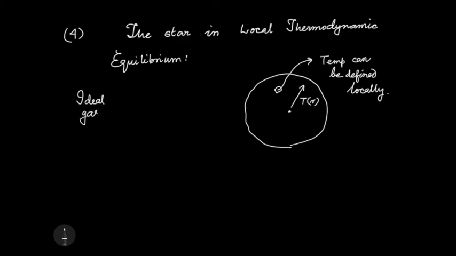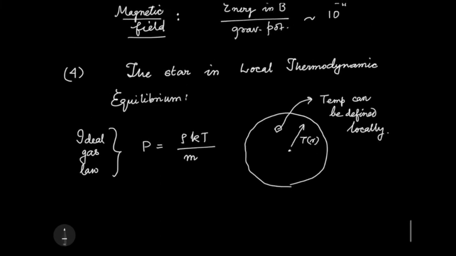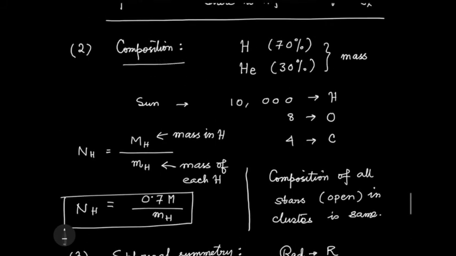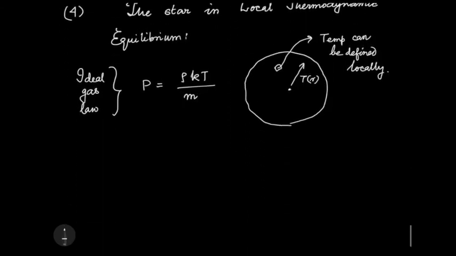If you consider the ideal gas law, which is quite applicable for a star like the Sun, I have P equals rho k T by m. m is the mass of individual molecules or atoms here, and though we said that the composition has helium and hydrogen, in many cases I will just put the mass of hydrogen here, neglecting the helium.